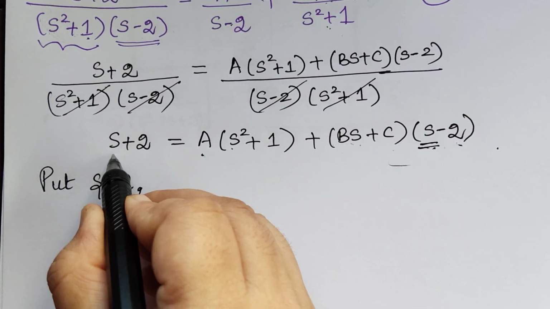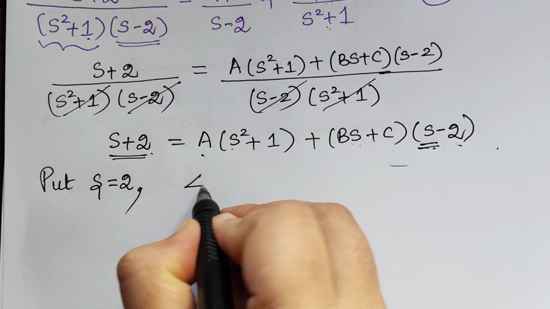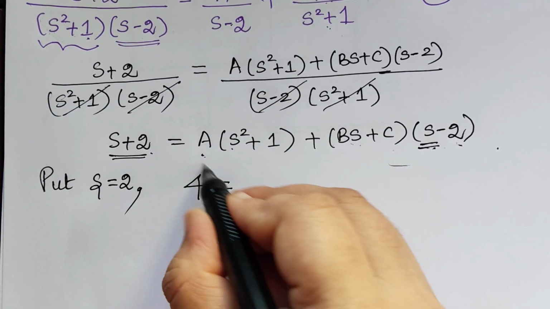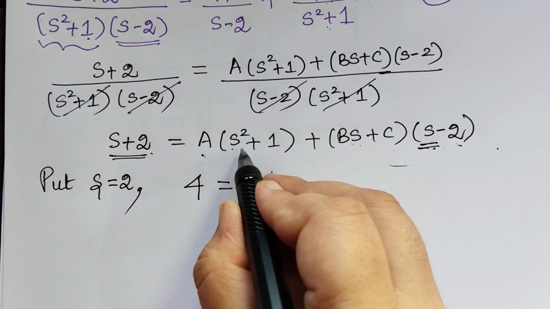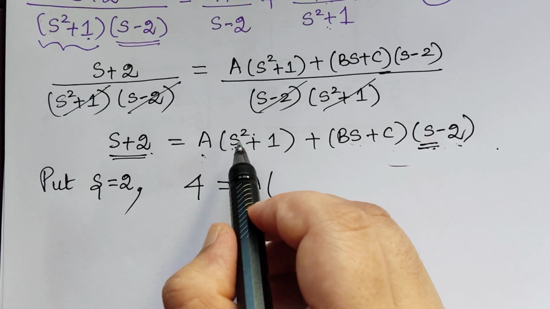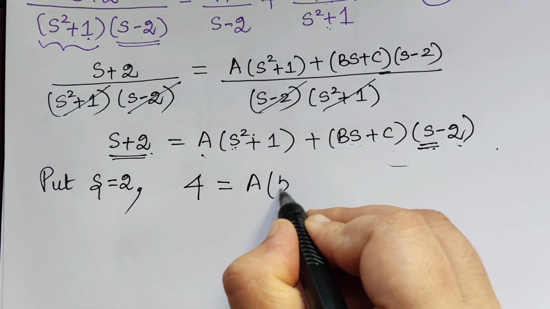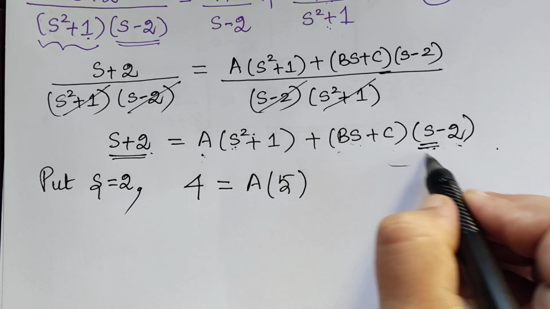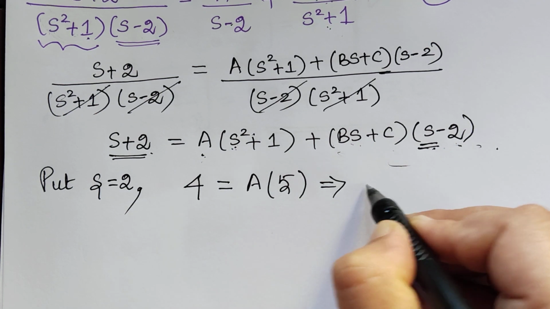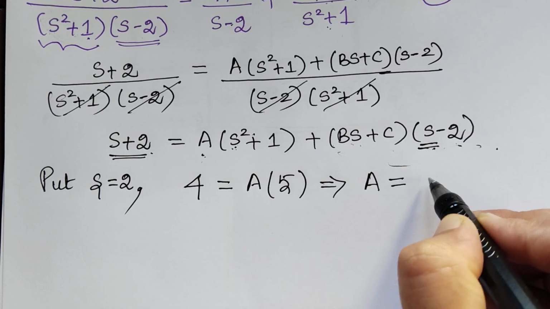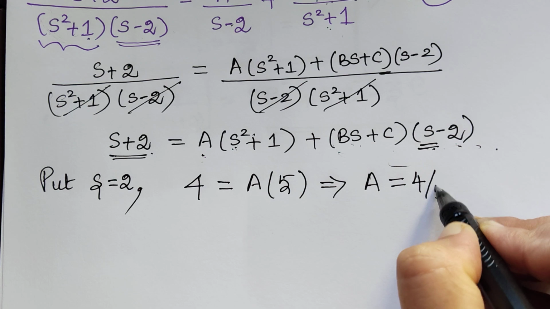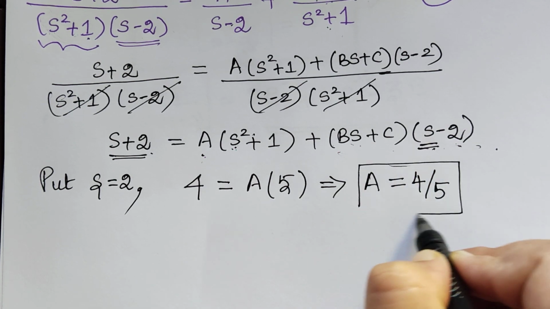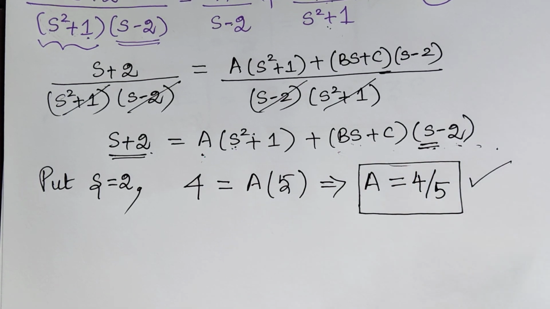What will be the left hand side? 2 plus 2 is 4 is equal to, the right hand side will be a multiplied with 2 square, which will be 4. 4 plus 1 is 5. And then this term becomes 0. So therefore from this we get the value of a to be equal to 4 divided by 5. So this is the value of a that we have obtained.